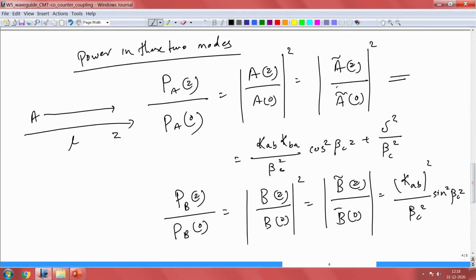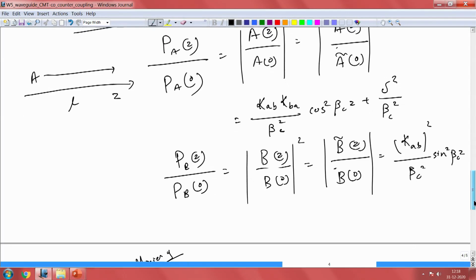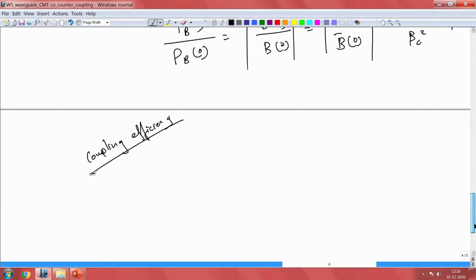So, in this case we are only looking at A, right, how the A mode is changing. In the next relation we are only looking at the B mode, right. So, these are all two modes, how the power is going to change. But now we need to understand how much power is transferred from A to B, right, as a function of length, how efficiently we can do that.